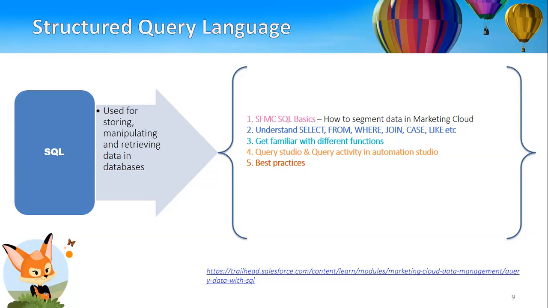But the difference is, in Query Studio, whenever you're building some SQL, you can just add it there. It will give us a work area, and at the bottom of it, you will see the result. But in Query Activity, it is a different case.